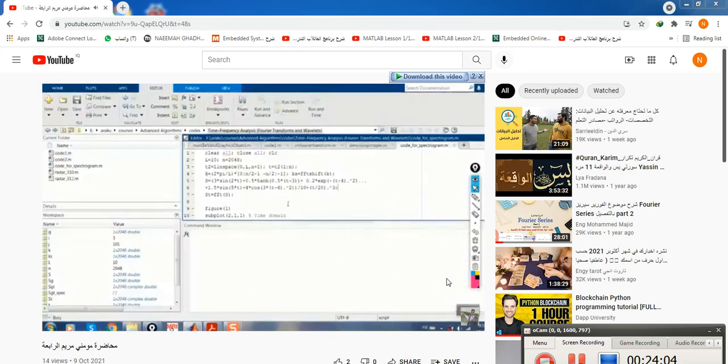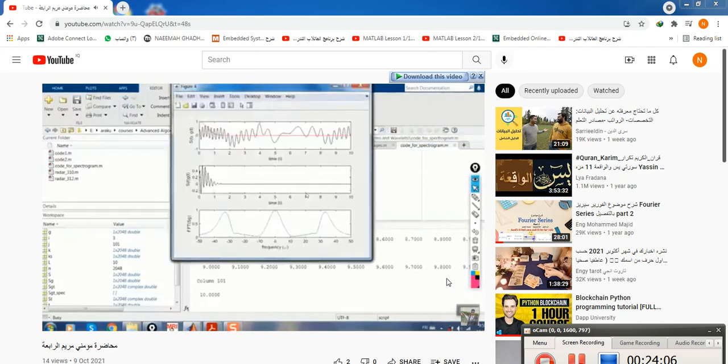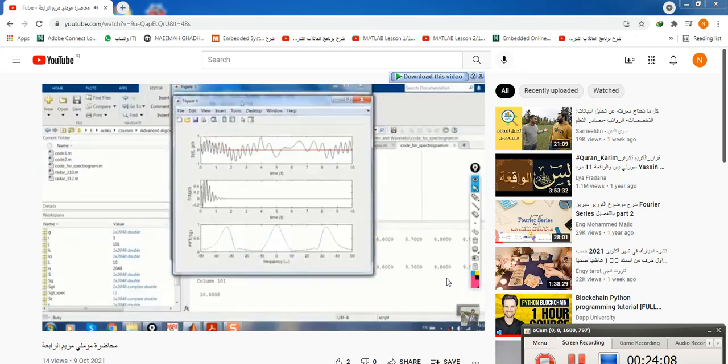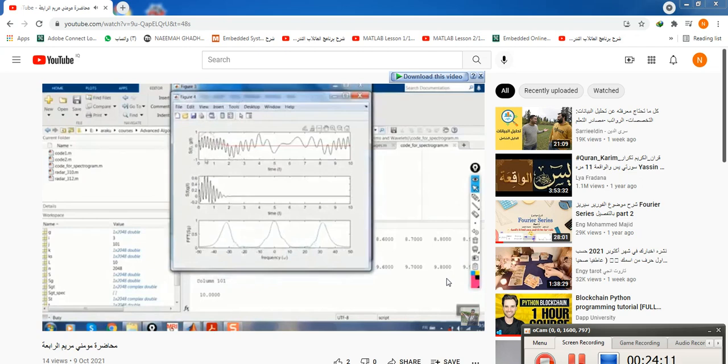Another thing that I would like to run is related to this code. I run it. This figure is very interesting. It is related to Gabor. This is the Gabor filter. Consider this red as a window, and also consider the signal in black. In the middle, you can see the product of the red and black.